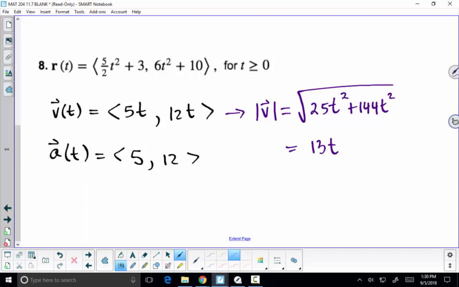We can take the square root because t is always non-negative, so the square root of t squared is t. The speed just keeps getting bigger as t gets larger, but there's constant acceleration. That's the speed, that's the velocity, that's the acceleration.